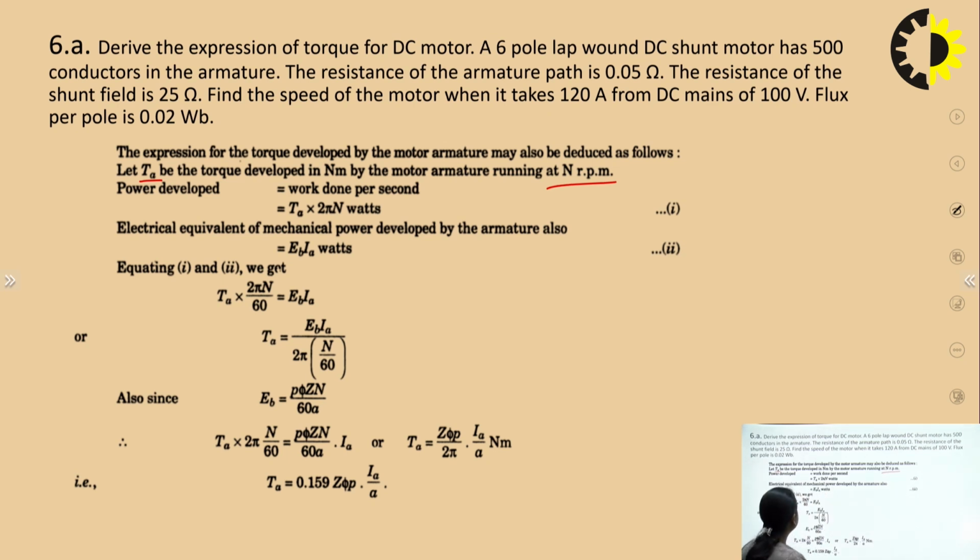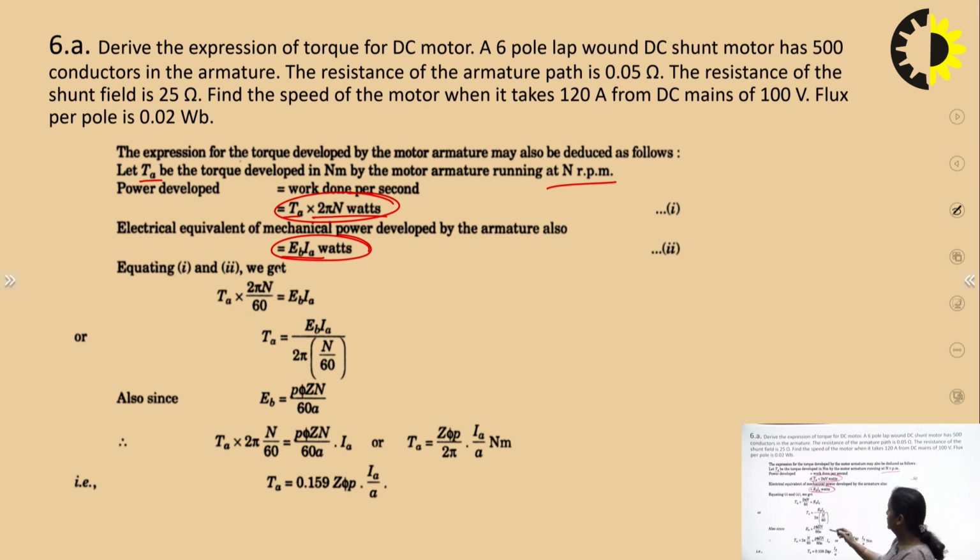So work done will be TA into 2 pi n watt. The electrical equivalent of the mechanical power which is developed by the armature will be equal to EB IA, right? If you equate these two equations, equation 1 and equation 2, you will get TA times 2 pi n by 60 is equal to EB into IA.